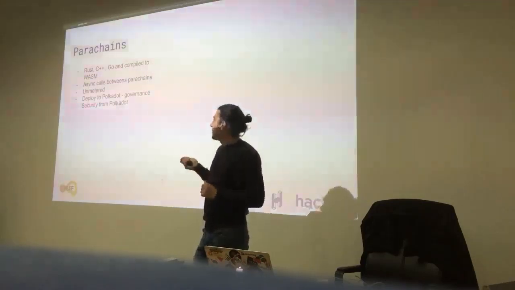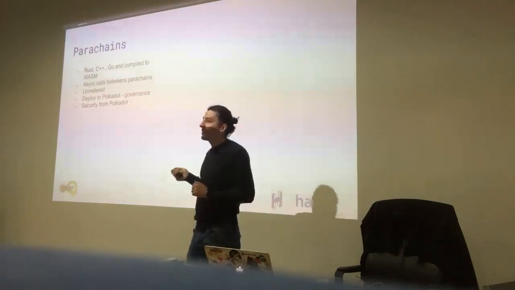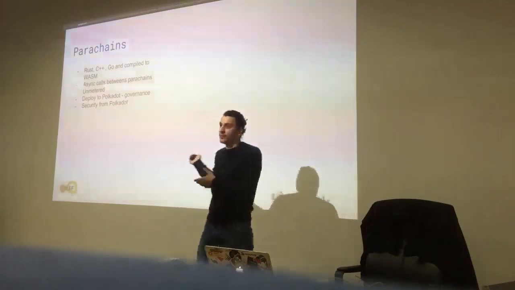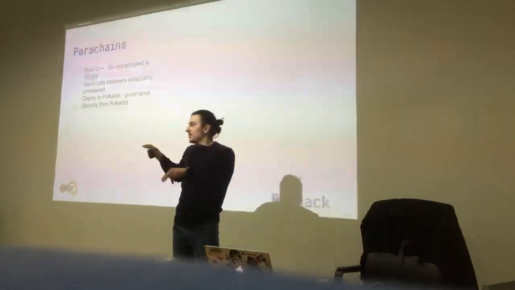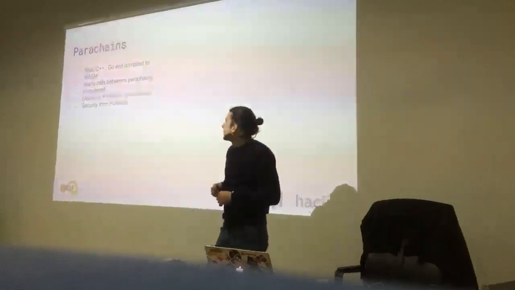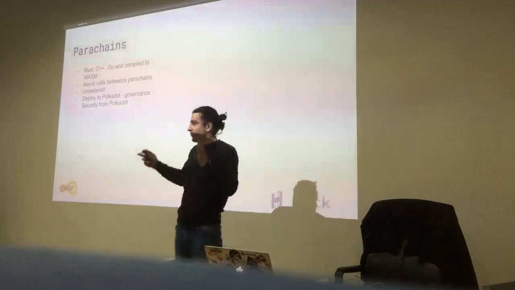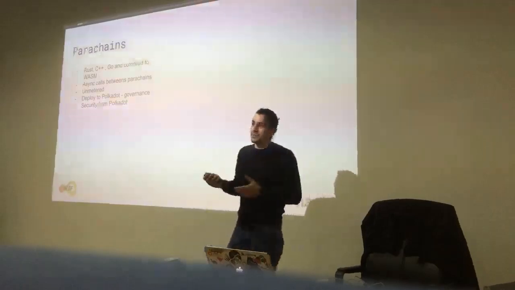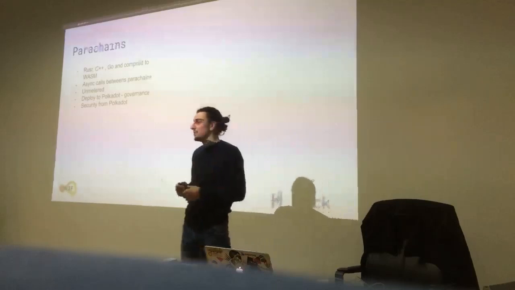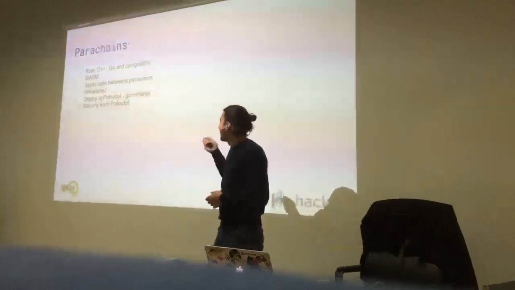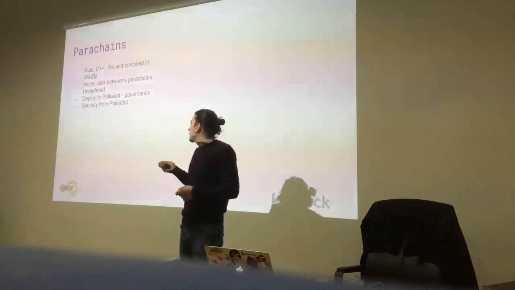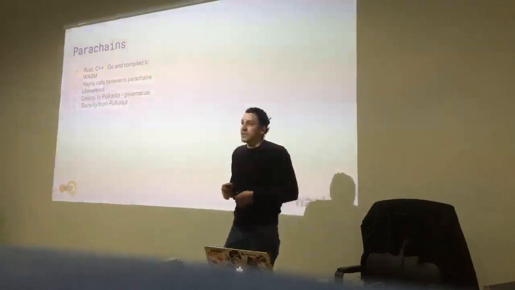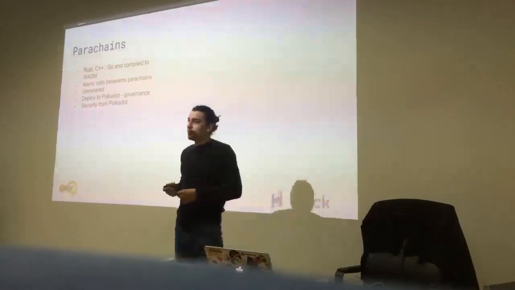As I said, to deploy a parachain on Polkadot, we rely on governance from the Polkadot stakeholders, who are basically checking your parachain and saying whether it's not malicious or what the purpose is. So they're validating whether it should exist or not. And the security layer can be provided by Polkadot, but you can rely on your own security, as I said.